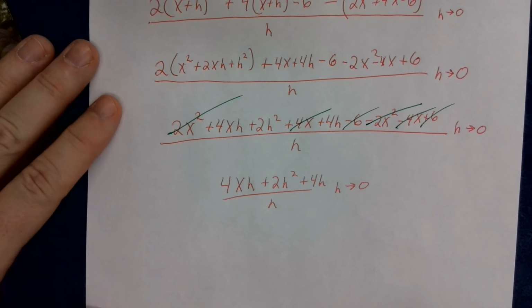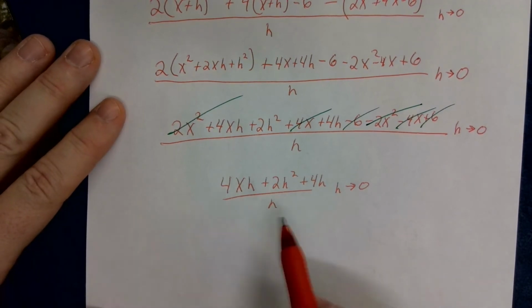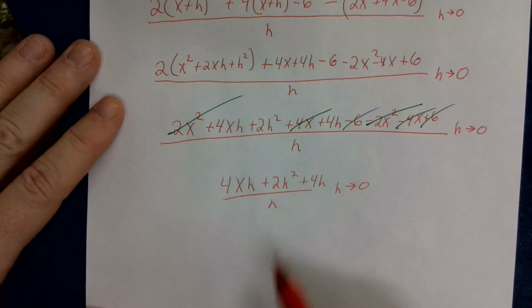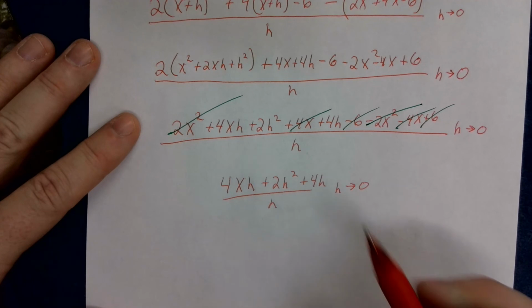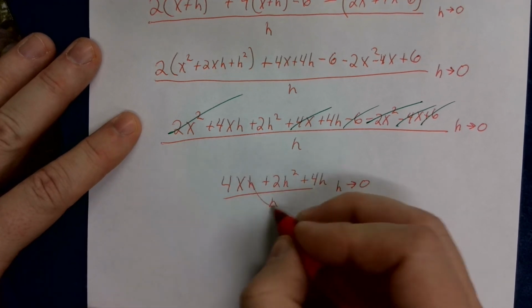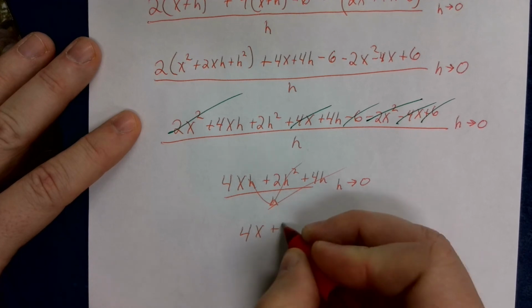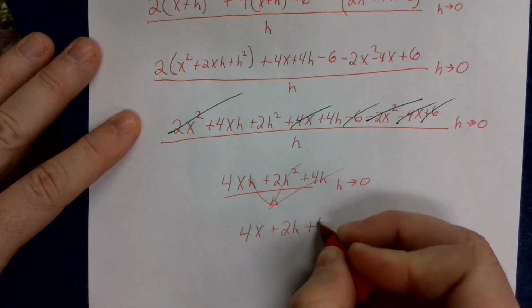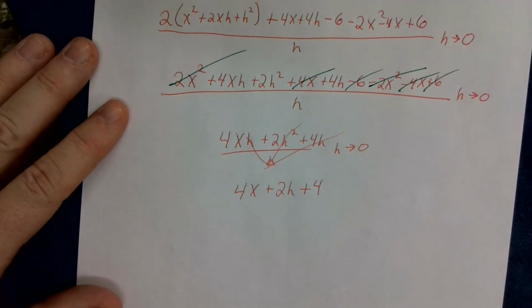Now, here's what's nice. Do you agree there's an h on the bottom? Can you pull all the h's out of the top? Or you can just do that division, so this h will kill one of those h's, and it'll kill that h. So when I do that division, I'm going to have 4x plus 2h plus 4. Just doing that division.